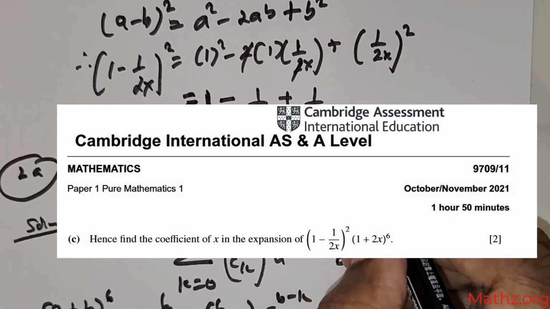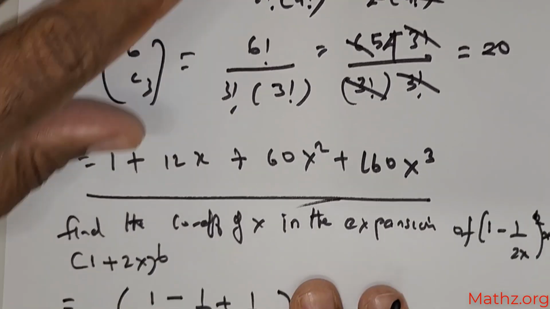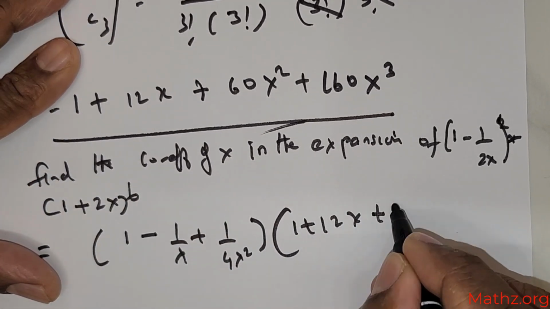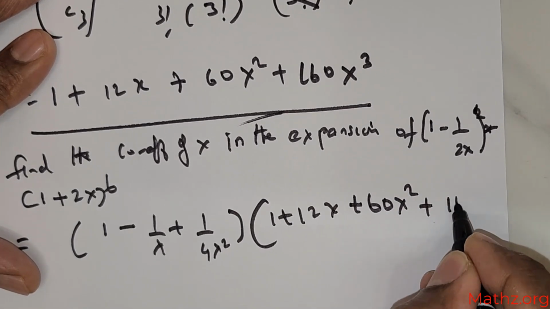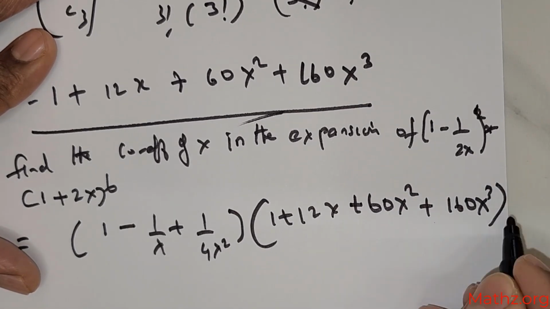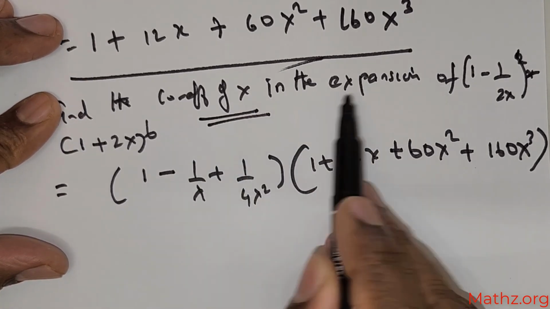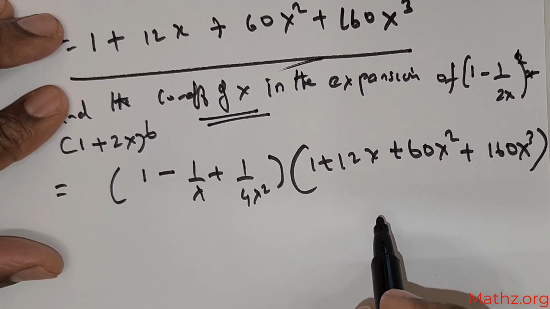This is exactly what we got here. Now this is multiplied with 1 + 12x + 60x² + 160x³. Now we have to get the coefficient of x in the expansion.